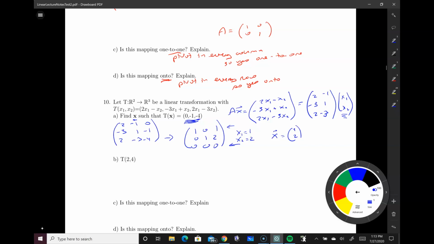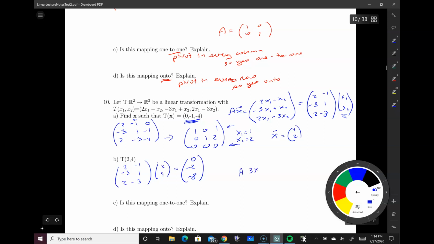So T of (2, 4) means I'm taking my matrix A and I'm multiplying it by the vector (2, 4) to get the column vector that's in the range. So this is in the range. So remember, this is a 3 by 2. So the A, right?